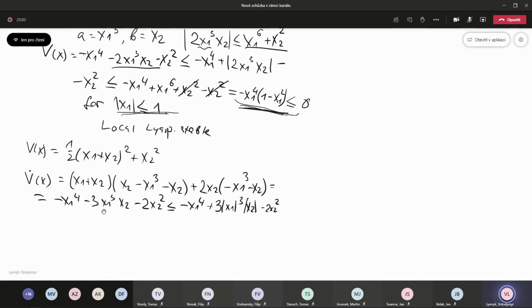Okay, and now it's the same as in the previous step. Now we have this middle term. This term is negative, but we don't know if this term is negative or not.